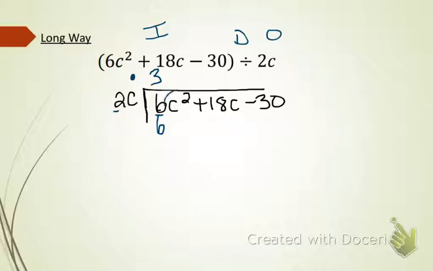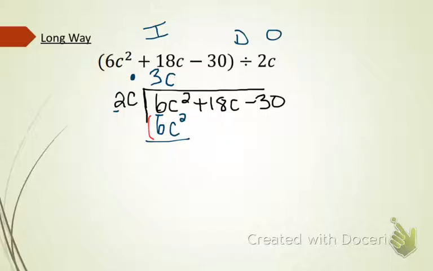Okay, but how do we get a c squared? 3 times 2c gives us a 6c, but we need this c to be squared. So what we do is, not only do we multiply 2c by 3, we need to multiply it by a 3c. c times c will give us the c squared that we need. Okay, so there you go.